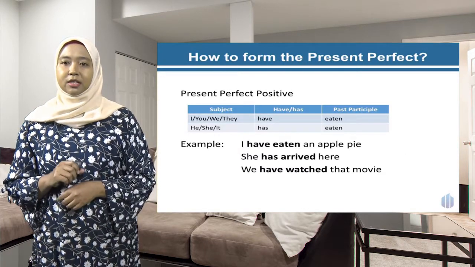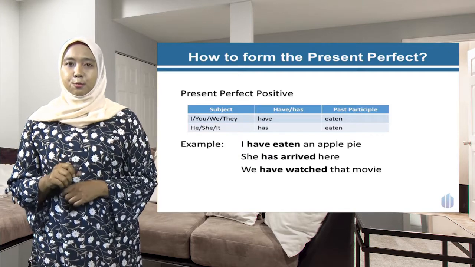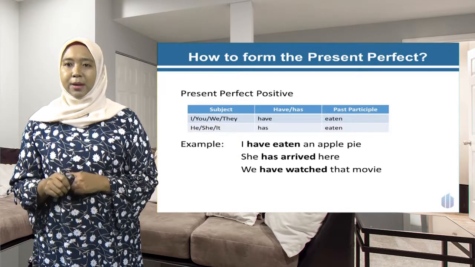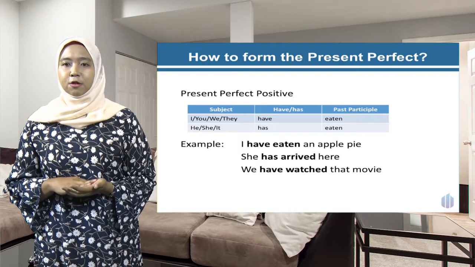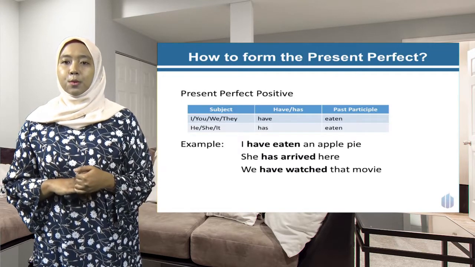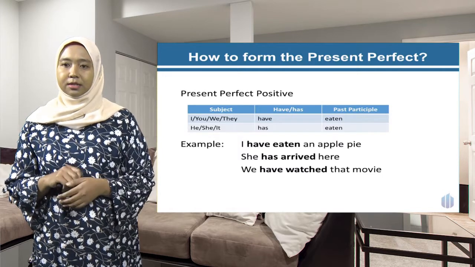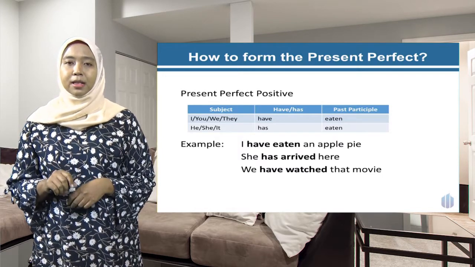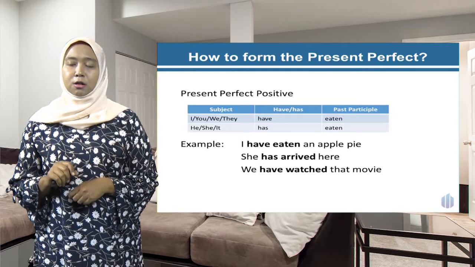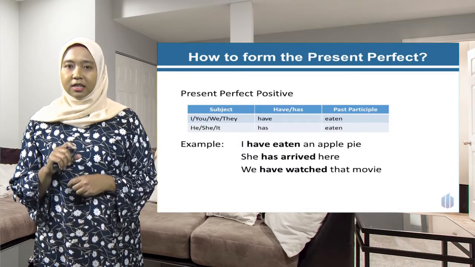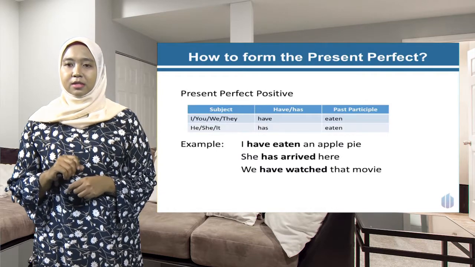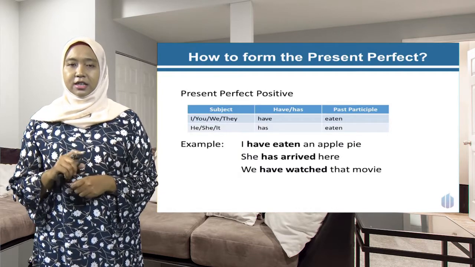Continuing about present perfect, how can we form or make sentences using present perfect? Here is the formula. We have subject plus have or has plus past participle, or we can call it verb 3. For the subject, we can divide it into two types: I, you, we, they, and then he, she, it.